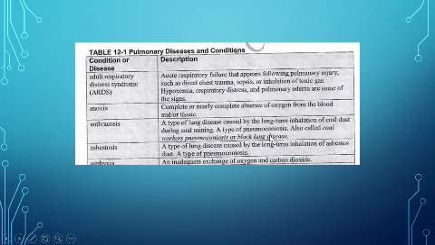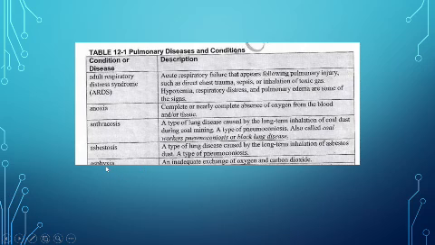A type of pneumoconiosis, also called coal worker's pneumoconiosis or black lung disease. Coming to next, asbestosis. Asbestosis is a type of lung disease caused by long-term inhalation of asbestos dust. It is a type of pneumoconiosis.